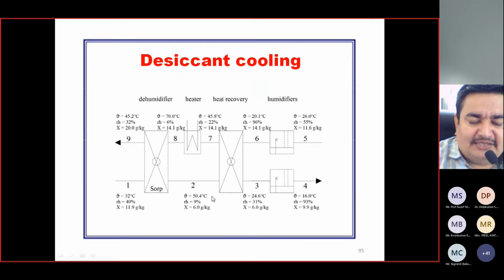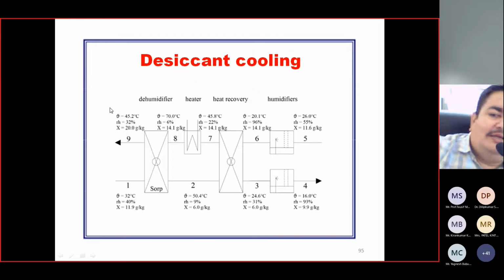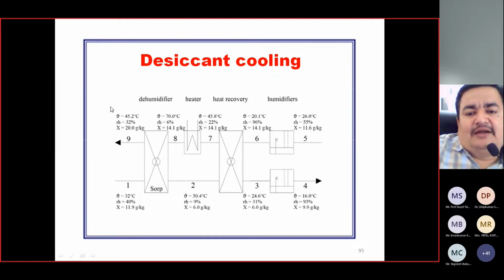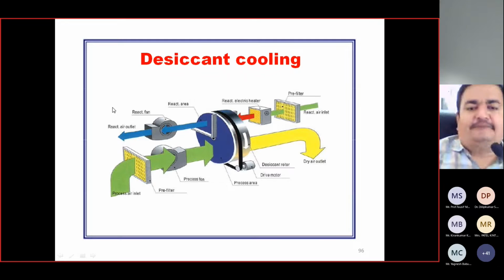At the end the temperature rises, then the enthalpy is further reduced, and after passing through the evaporator it can be reduced to the comfort design condition, that is 16. Similarly, varying conditions are available on the reactivation side. So you can have exact values of the parameters while processing the air through the different channels, process air or reactivation air.